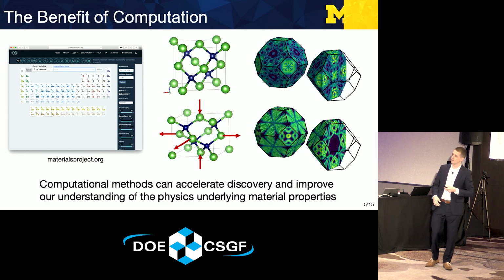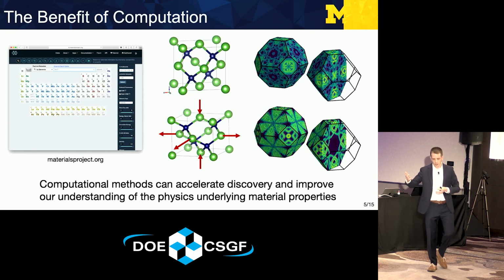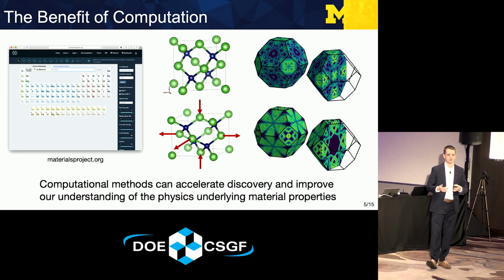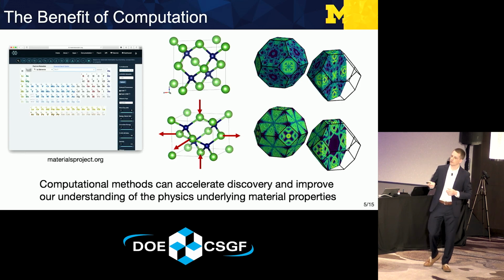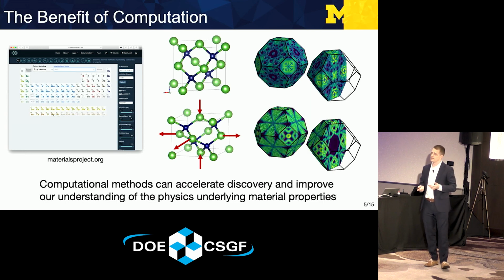The final point that I want to make is that a lot of the material properties are macroscopic, right? You can talk about the absorption coefficient of your silicon. That's great. But the contributions at the atomic level that give rise to that material property are not necessarily something you can obviously study experimentally, but come very naturally from these computational parameterizations or methods that we're using.